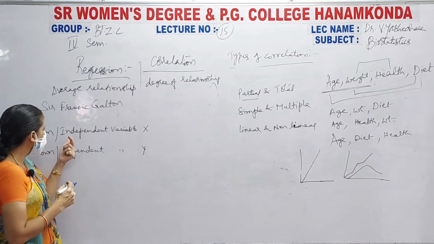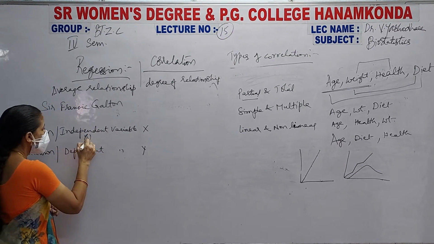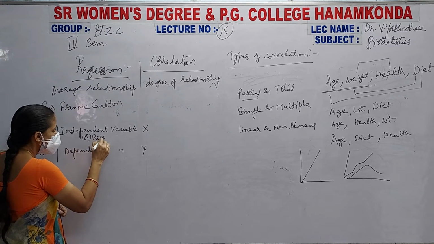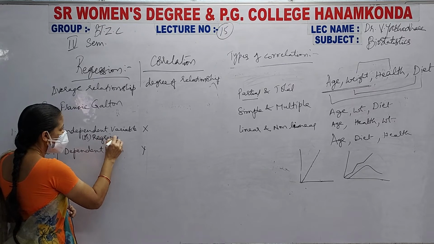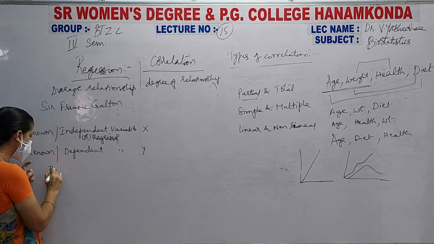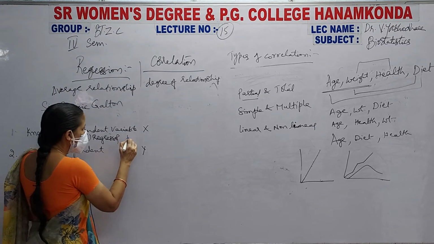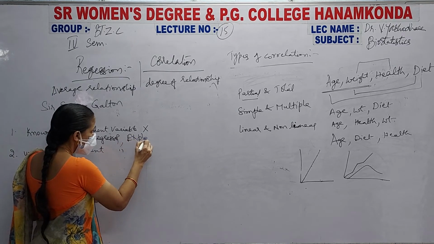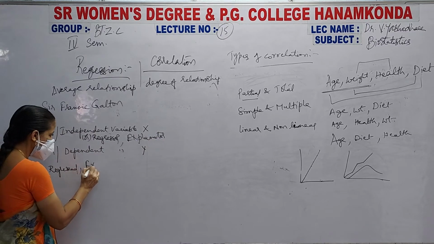The independent variable is also known as, see here, I will write here, regressor. This is known as regressed. This is known as explanator.